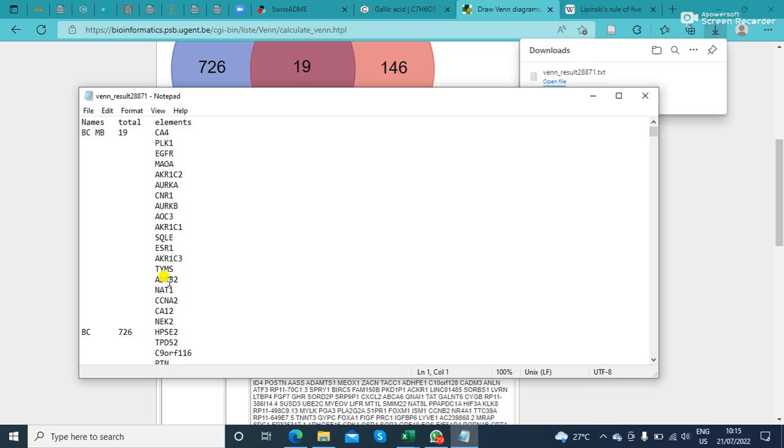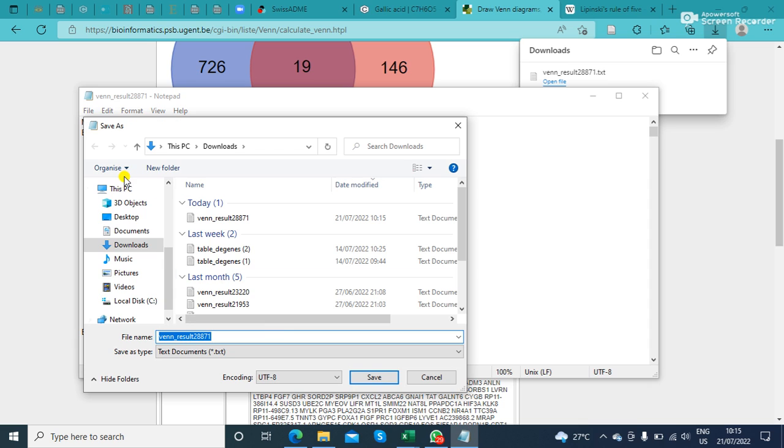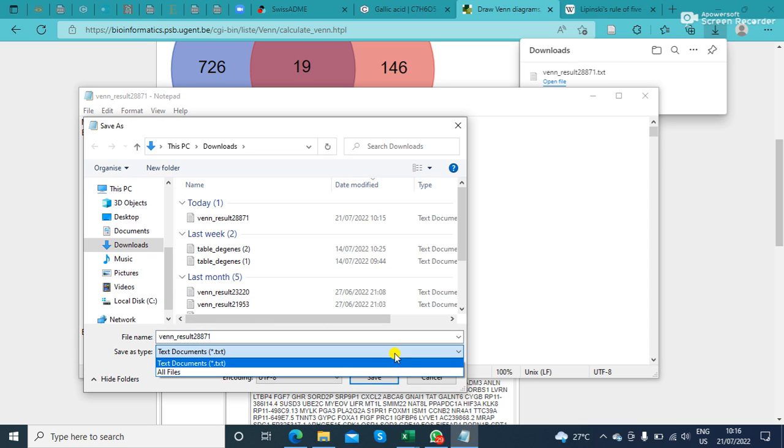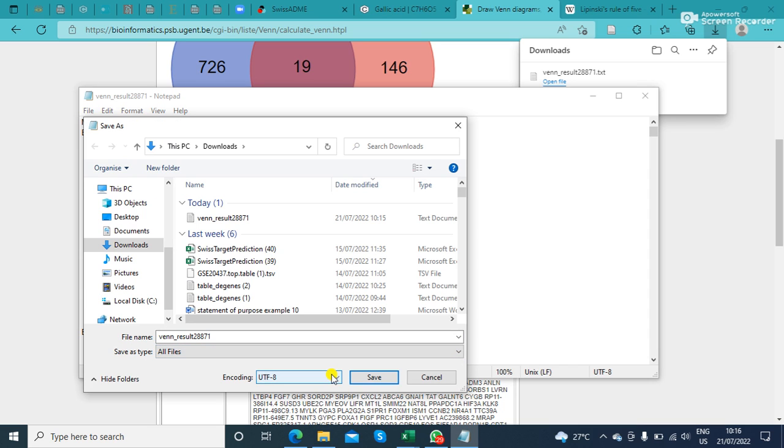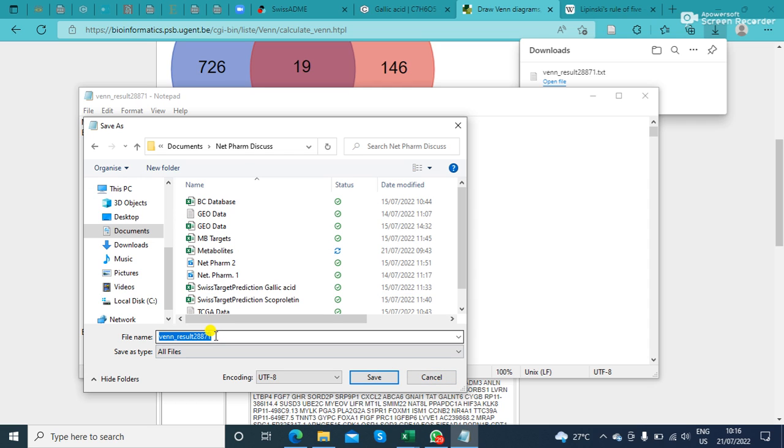And this is what it is actually giving us. Let's try and save it as all files so that we might later be able to open it in Excel. Document net from this course. We open it.